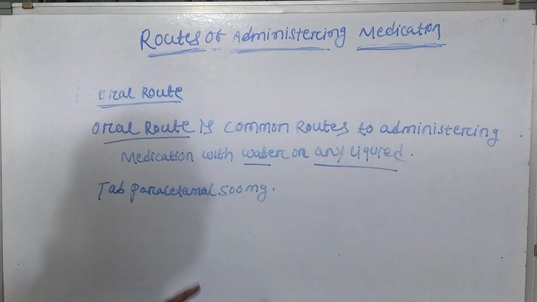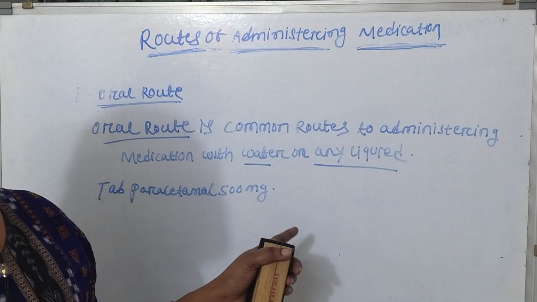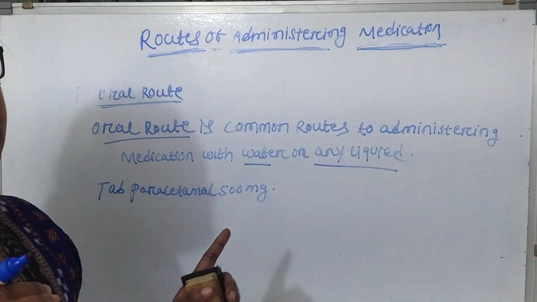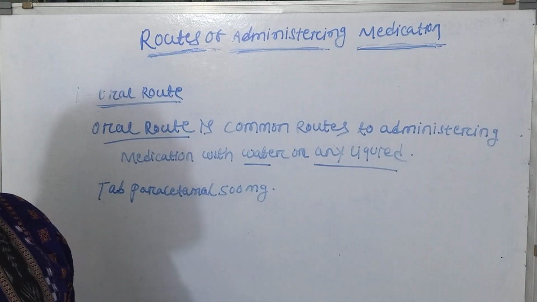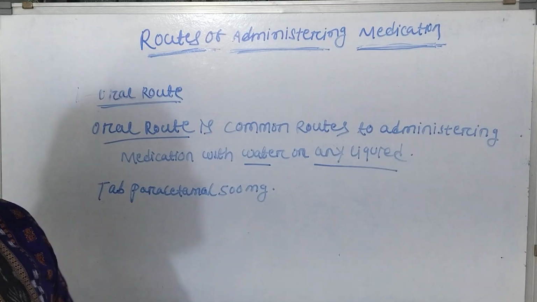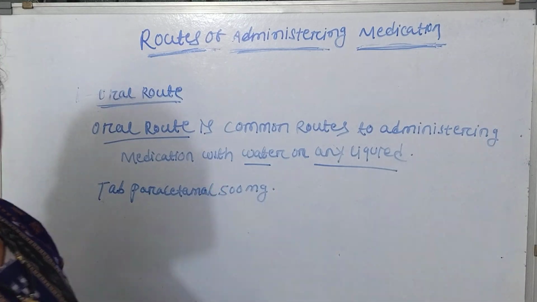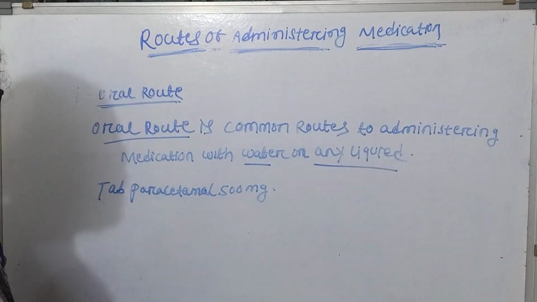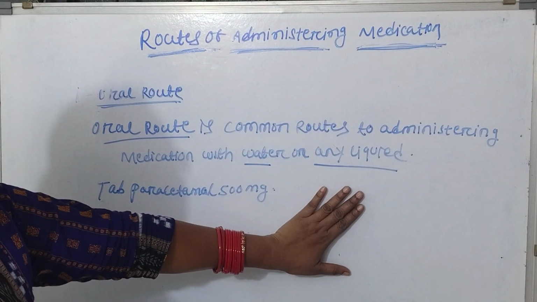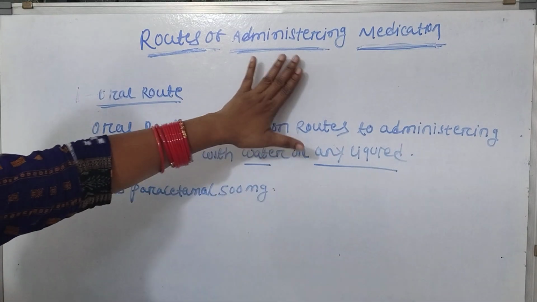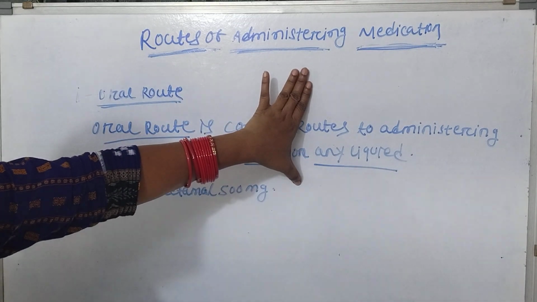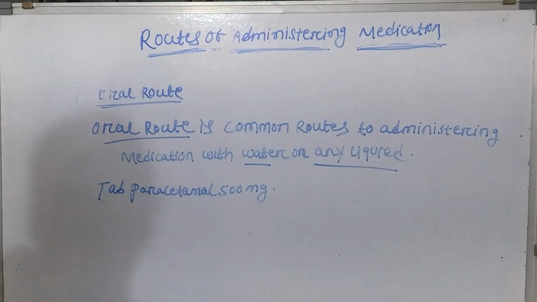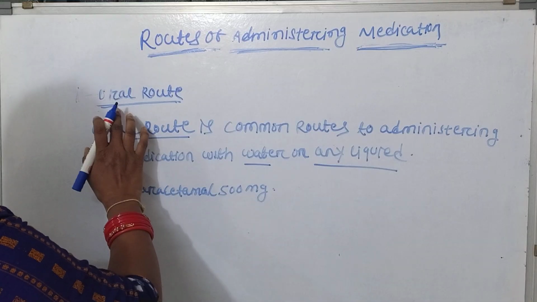The medication will go through the mouth to the stomach, then from the intestine it will be absorbed and mix with the blood. So it will take time to be effective, it will take time to give the result. So this is the oral route.